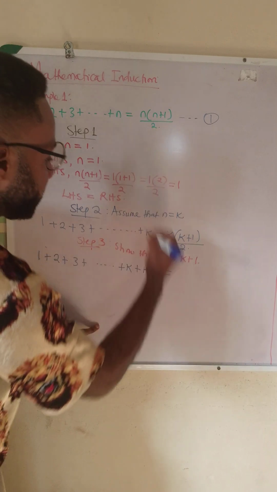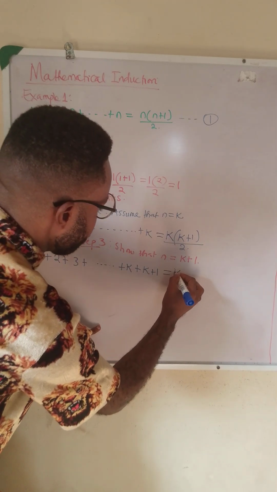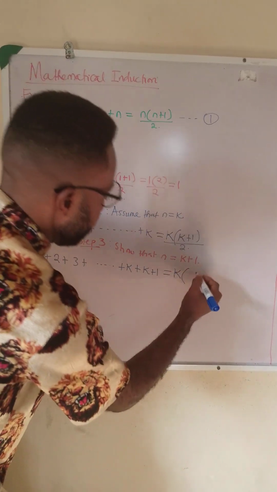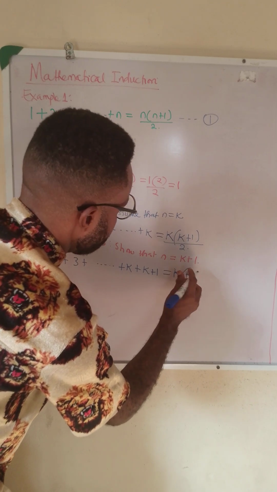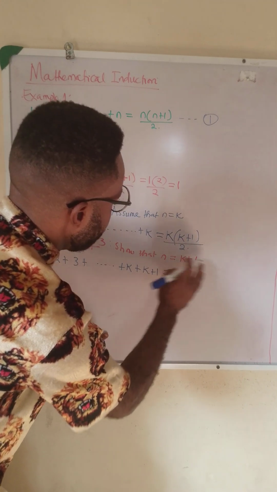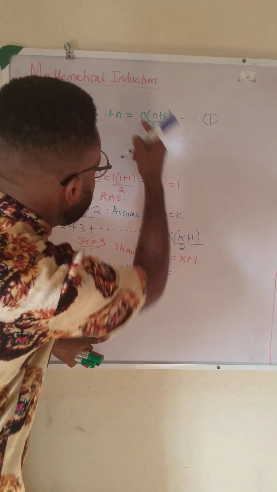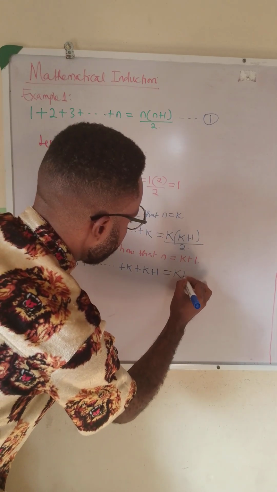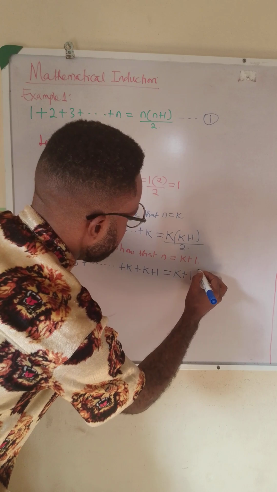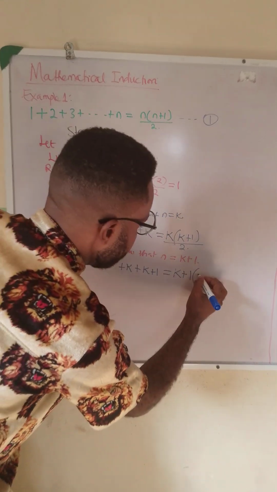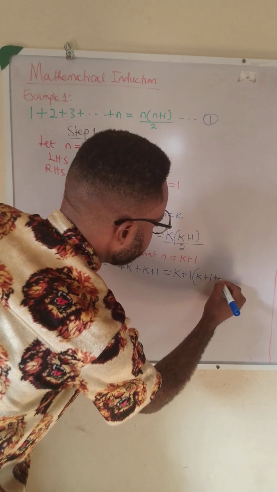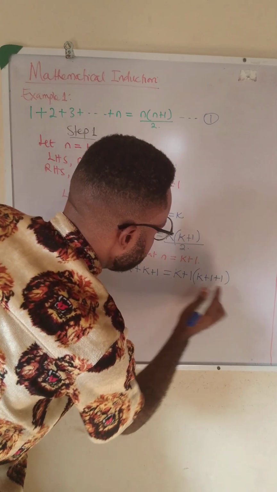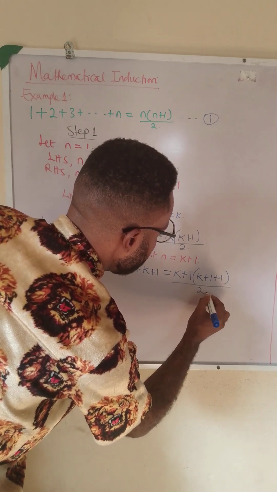So n here is k plus 1, into another n here, which is k plus 1, and then plus 1, and it is all divided by 2.